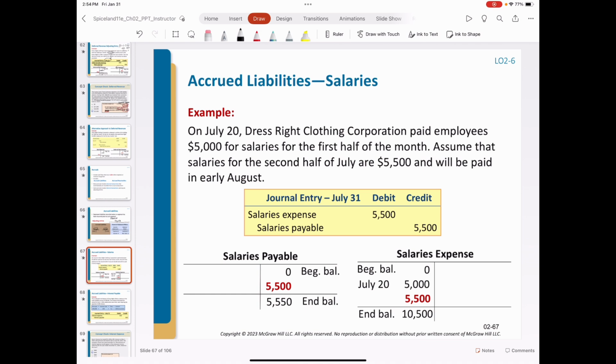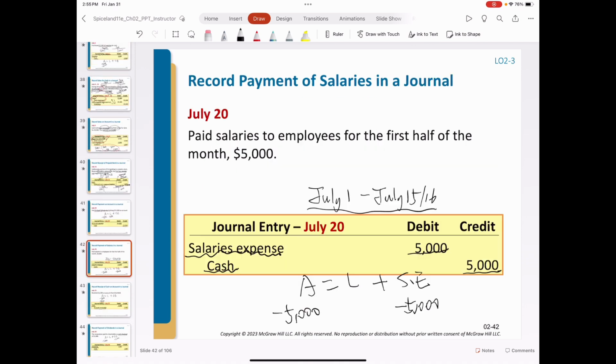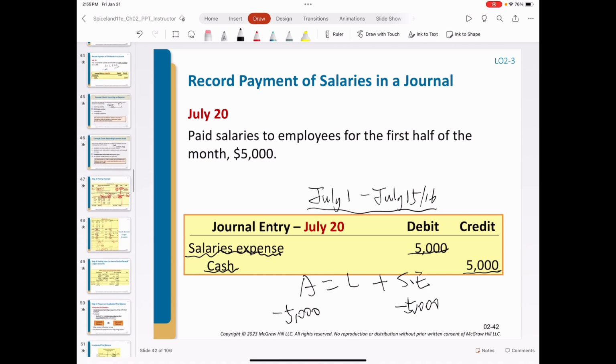During July, the company paid $5,000 for the salary for the first half month. Remember, we have recorded this transaction already. Here, we record the first paycheck, $5,000 during July. This $5,000 is for the first half month salary to the employees.